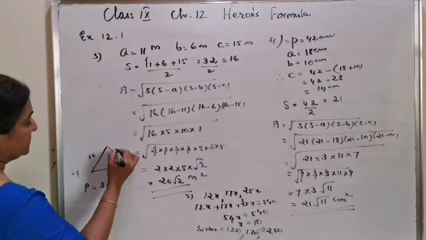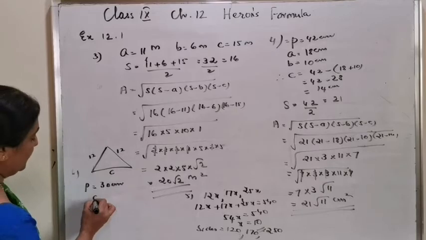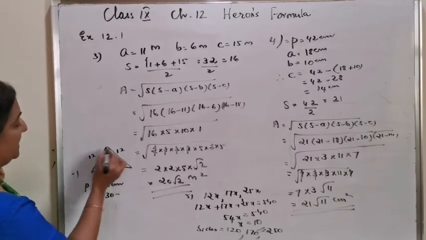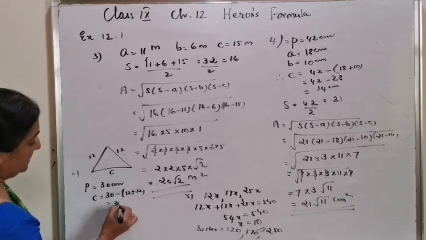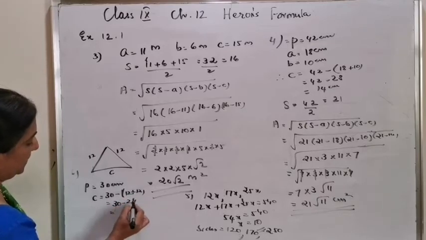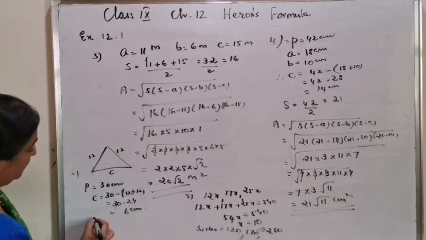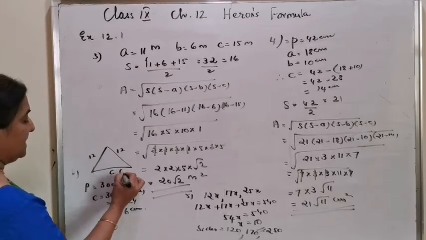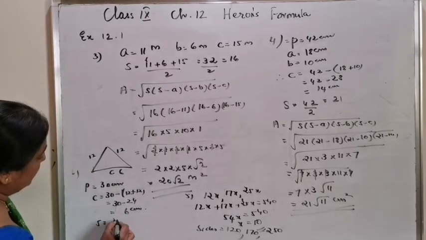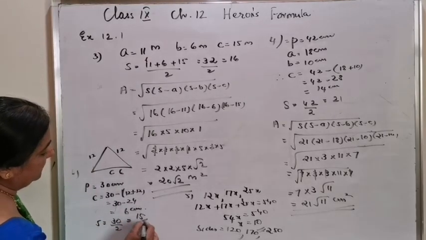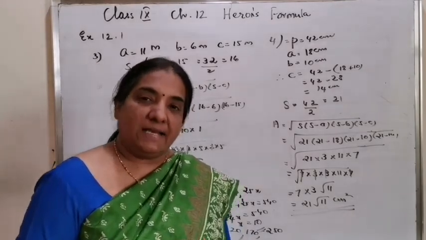That means one side is 12, the other one is also 12, and side C you can find out as 30 minus 12 plus 12. 30 minus 24, which is equal to 6 centimeter. Now you know what is A, you know what is B, you know what is C. S value is 30 divided by 2, 15. Applying the formula directly. That is also an easy question.